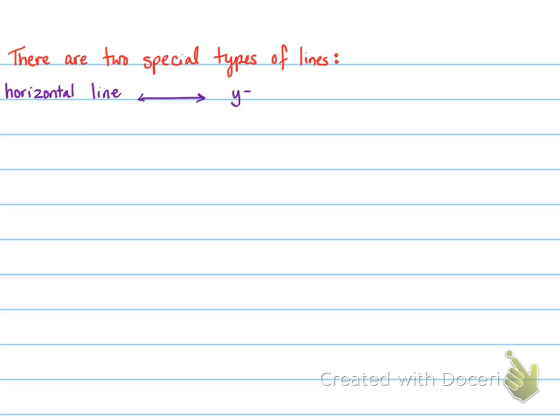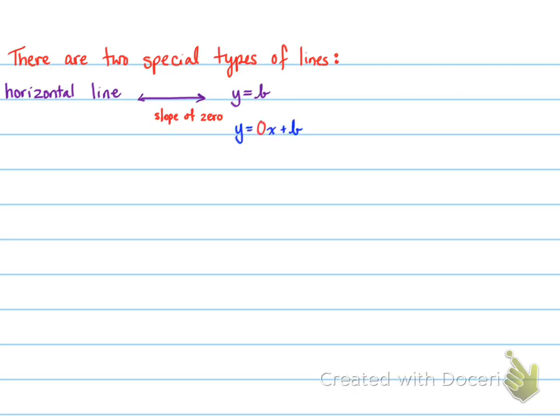Now, something to note, that there are two specific types of lines that are unique to the y equals mx plus b line. These are two special types of lines, one being the horizontal line, which has a slope of 0, and the equation of that line is y equals b, the number that it goes through the y-intercept.